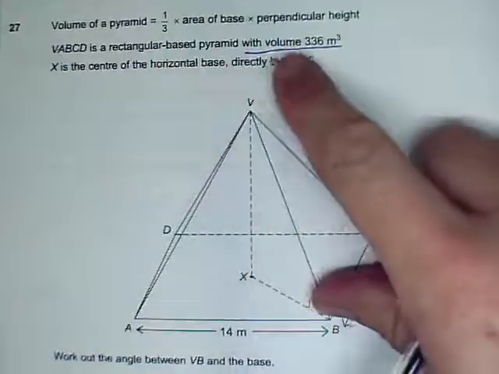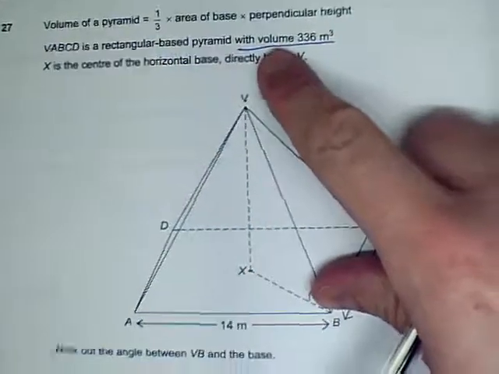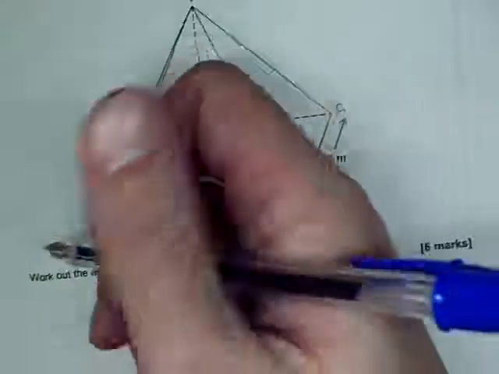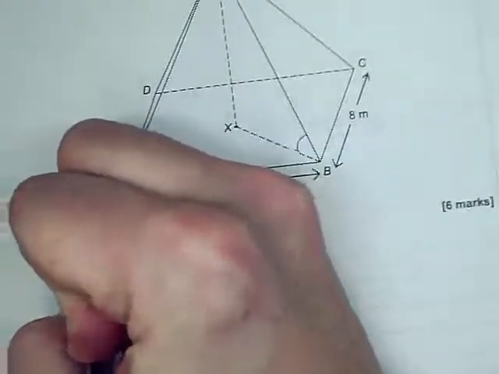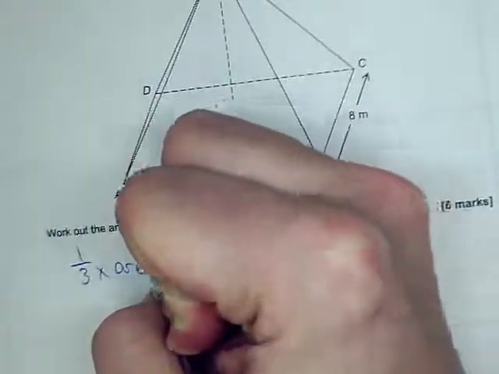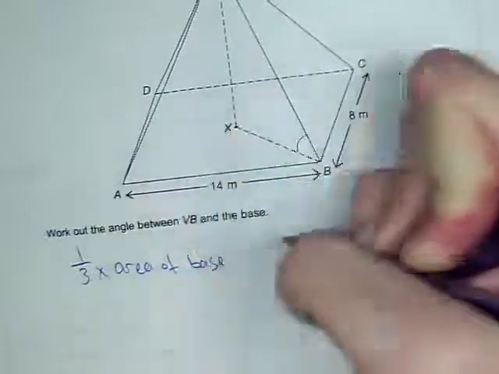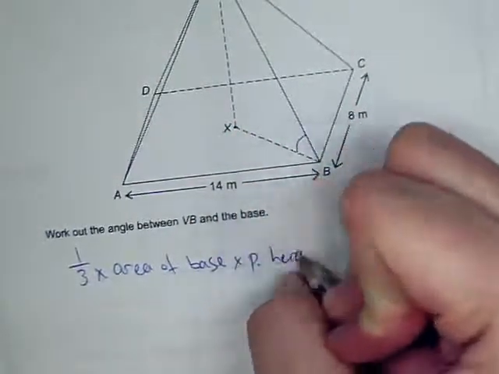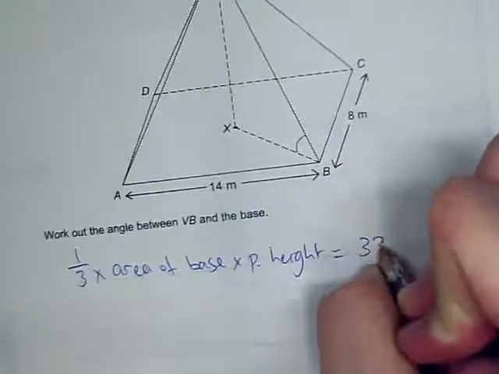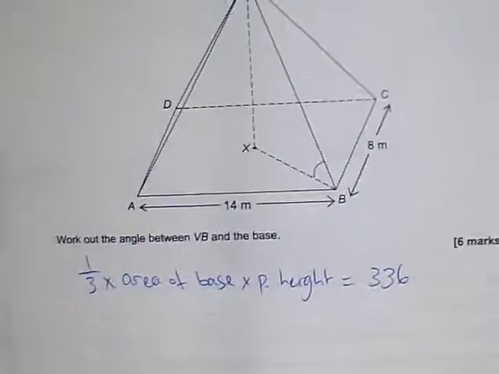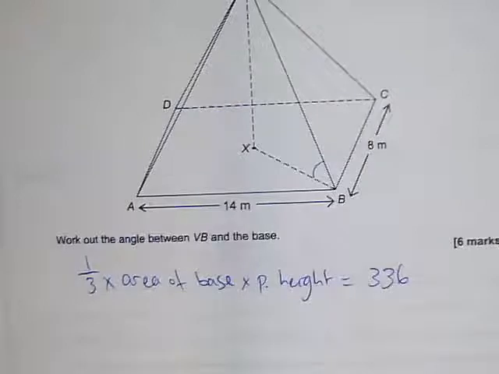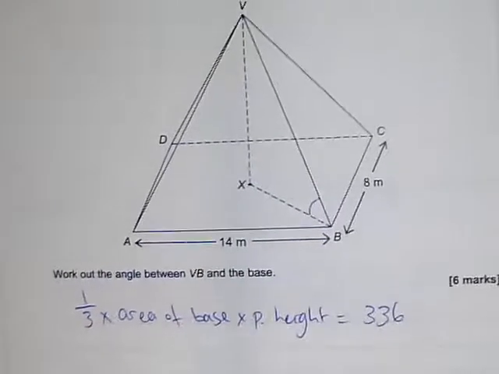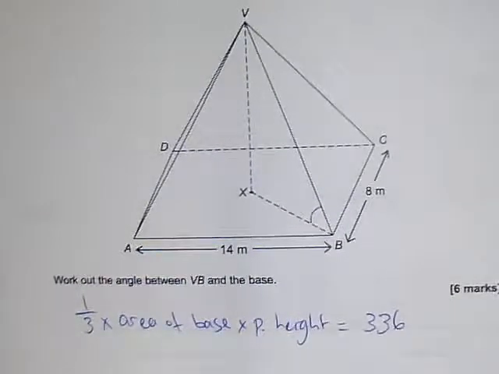So we can say that the volume of the pyramid, a third times the area of the base multiplied by the perpendicular height, equals 336. And by doing that we can start to work out any information that we might need for this question.